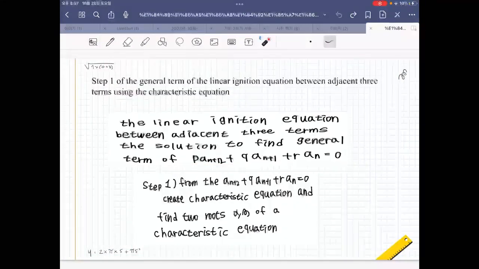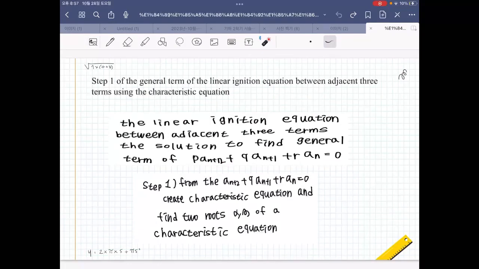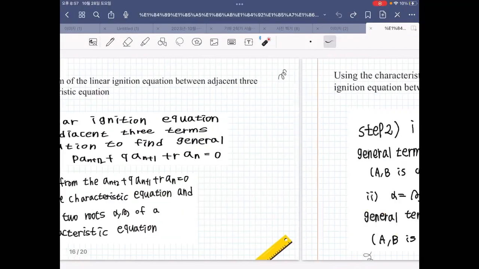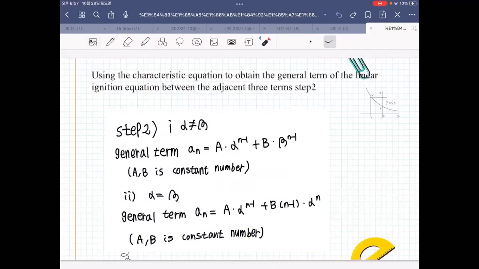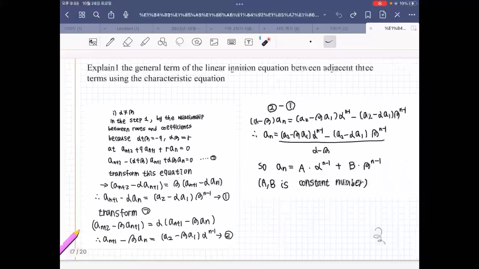In step 1, from this equation, we can create the characteristic equation and find two roots alpha and beta of the characteristic equation. In step 2, I will tell you about the solution in two cases. First case is when alpha and beta are different. In this step, find the relationship between roots and coefficients, because alpha plus beta equals minus q and alpha multiplied by beta equals r in this equation.